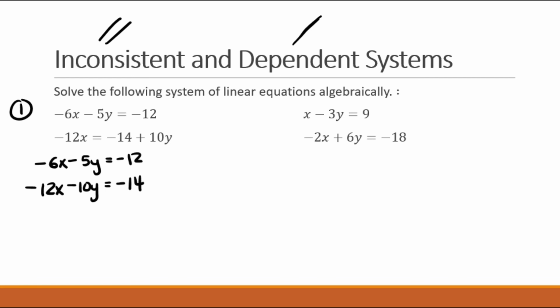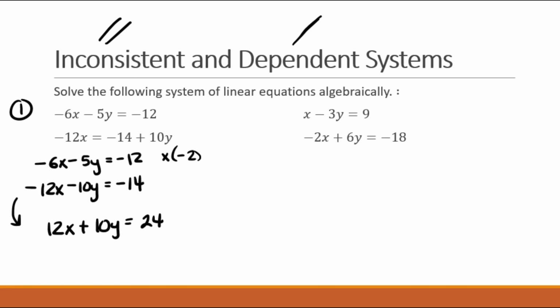So I want to set up for, I think I will choose to do elimination. And what I'm going to do is multiply the top equation by negative 2. Okay, so I'm going to rewrite again down here. And I multiply by negative 2 to make a positive 12. And I'm going to end up with 12x plus 10y equals 24.